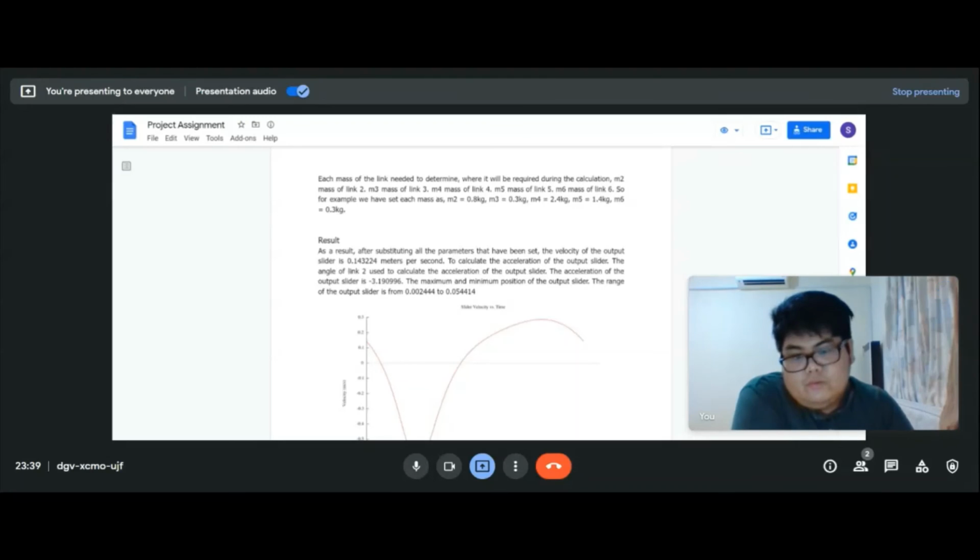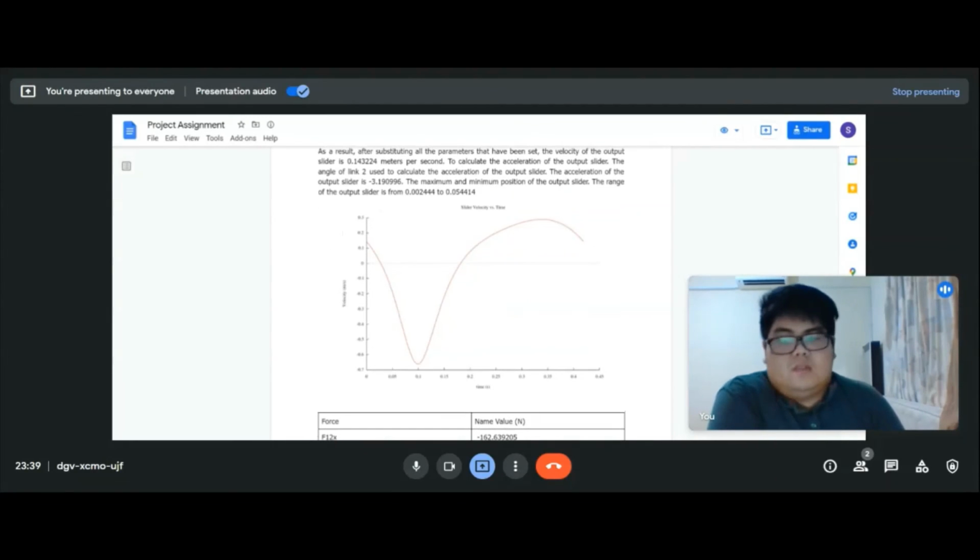We have also determined the maximum and minimum position of the output slider, which maximum it can go to 0.05 meter, and then the minimum it will return to 0.002 meter.